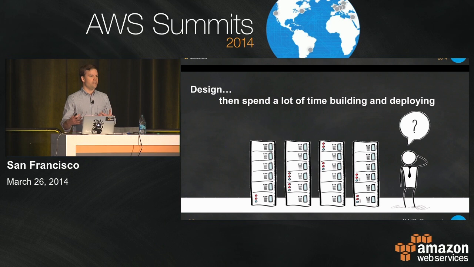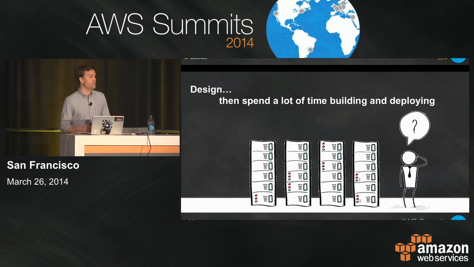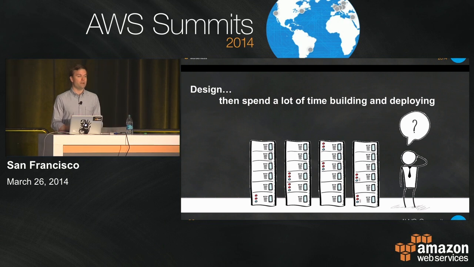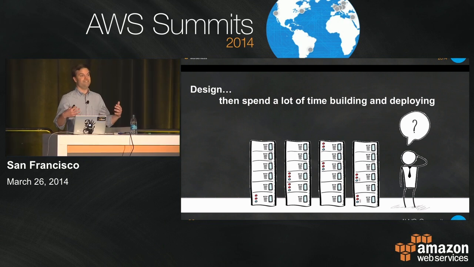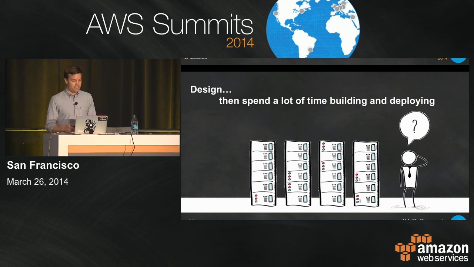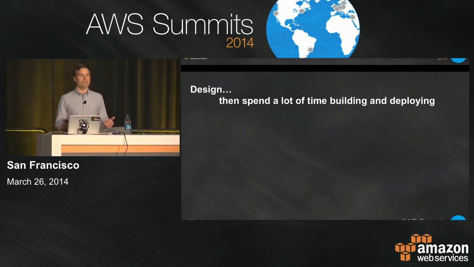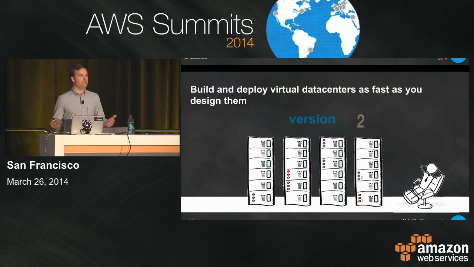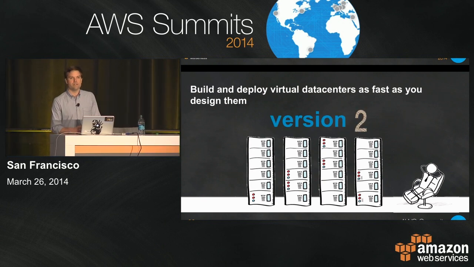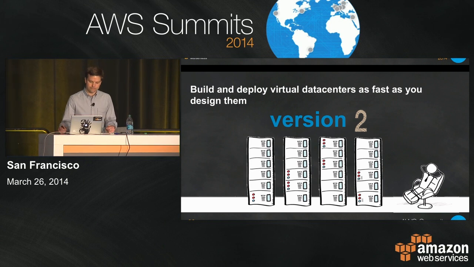Agility is something that is traditionally not particularly associated with the networking side of the house in a lot of large enterprises. And it's something that I find personally most fun with VPC, is that you can design and deploy your networks at equal speed, whereas in the old world you would spend months and months and months racking and stacking and doing heavy lifting.